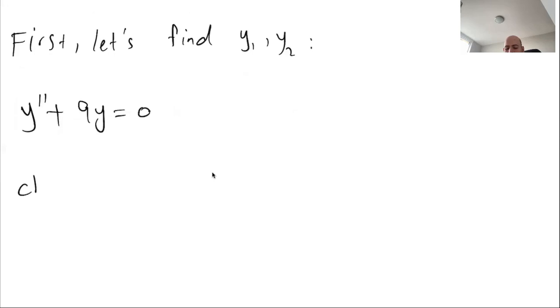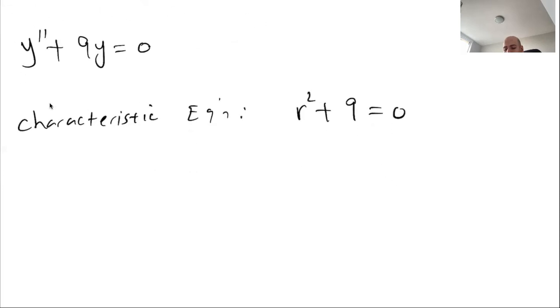Our equation is y double prime plus 9y equals 0. Then we need the characteristic equation. For the characteristic equation, I have to replace derivatives here with powers of r. So the second derivative will be replaced with r to power 2. So r squared plus 9 equals 0, and that gives me r squared equals minus 9.